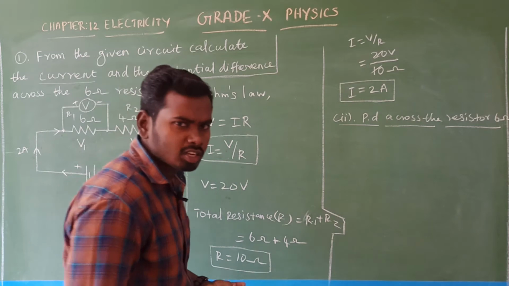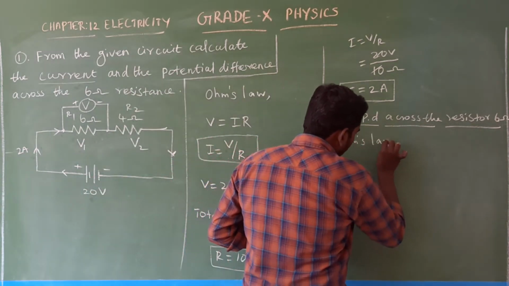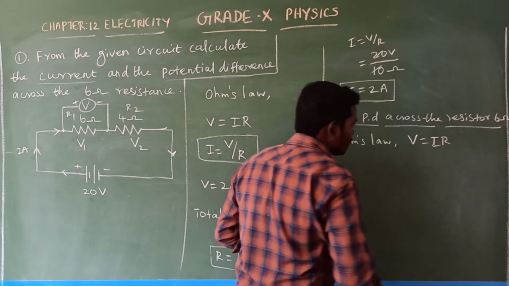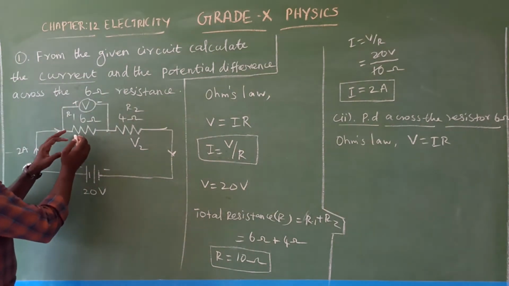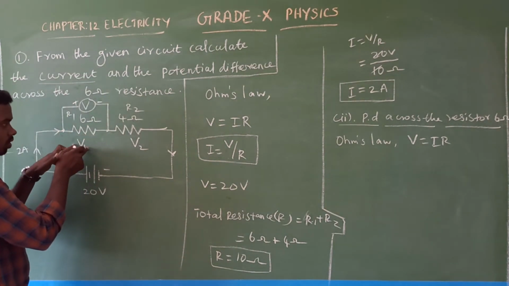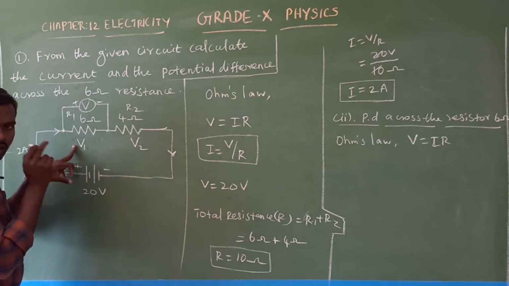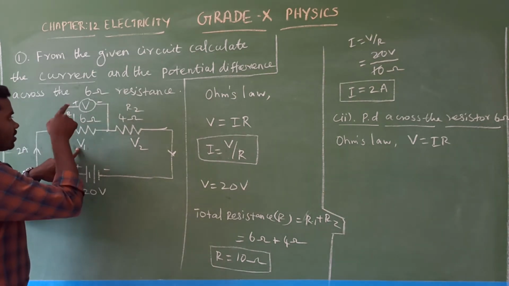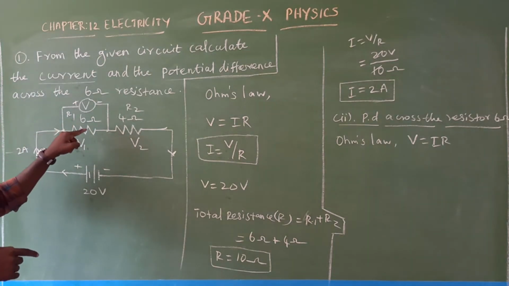Yes. What is the potential difference formula, sir? According to Ohm's law, V equal to IR. Am I right? V equal to IR. Is that clear? Yes. Here we need to calculate the potential difference across only V1, which means the R1 resistor. So across the resistor R1 the potential difference is V1, resistance is R1, and the same current, 2 ampere, is flowing there.